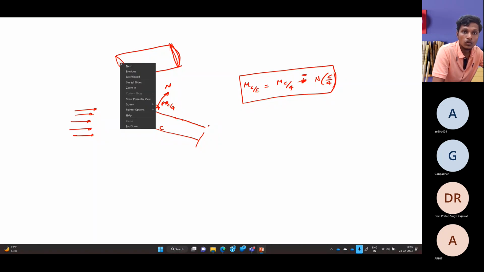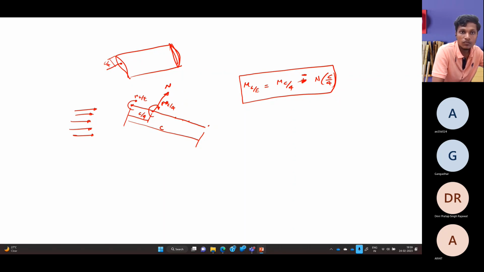Then how will you do it? The common practice, as I told, is that you will always fix the location at a point that is the quarter chord point, from the leading edge it should be C by 4. If you have a force sensor that is able to measure the moments, lift and everything, will you get the moment, force and drag everything at this point with that force sensor?